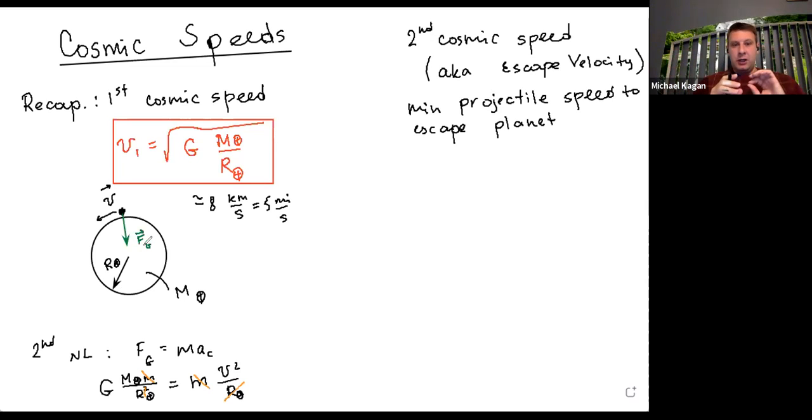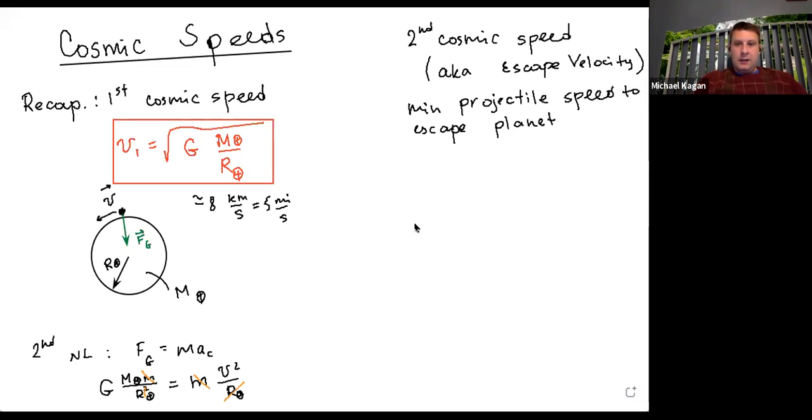As the projectile moves to a larger and larger radius, the gravitational force gets weaker and weaker. So the idea is that if the projectile picks up radius fast enough for the gravitational force to decrease fast enough, it may actually escape. Make sense? Okay.